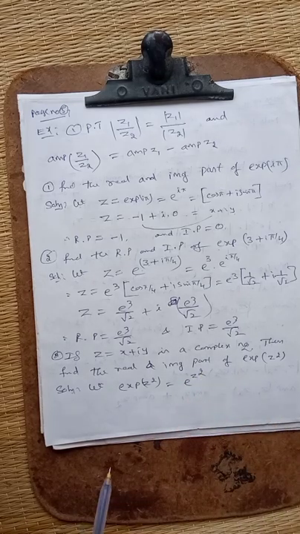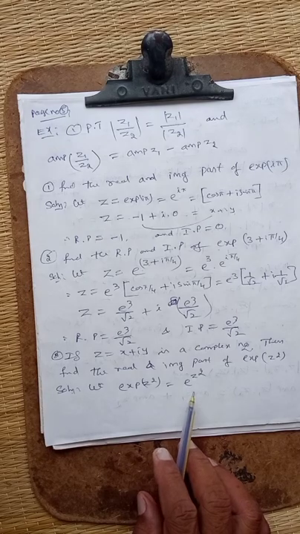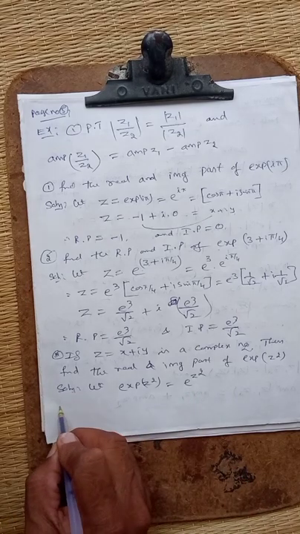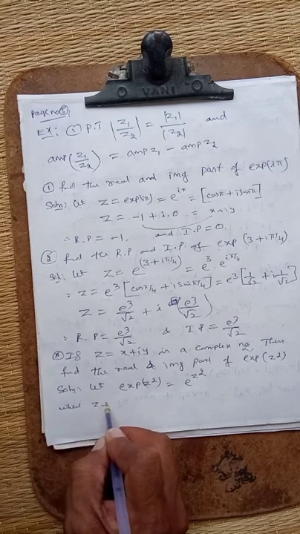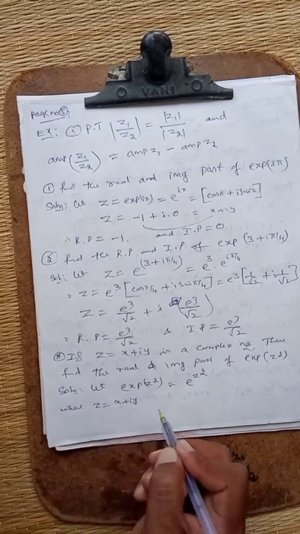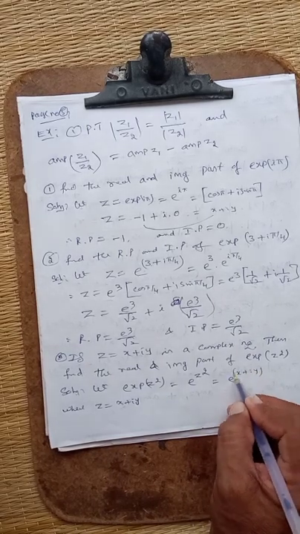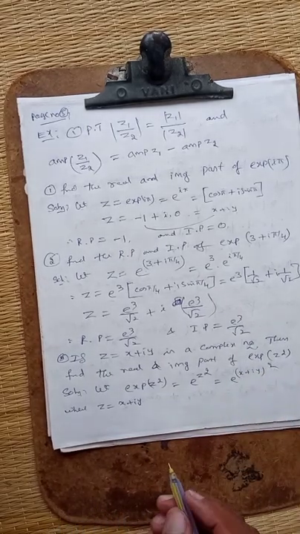Exponential of z square and e to the power of z square are the same. Here I take z as x plus iy, a general complex number. This is x plus iy whole square.